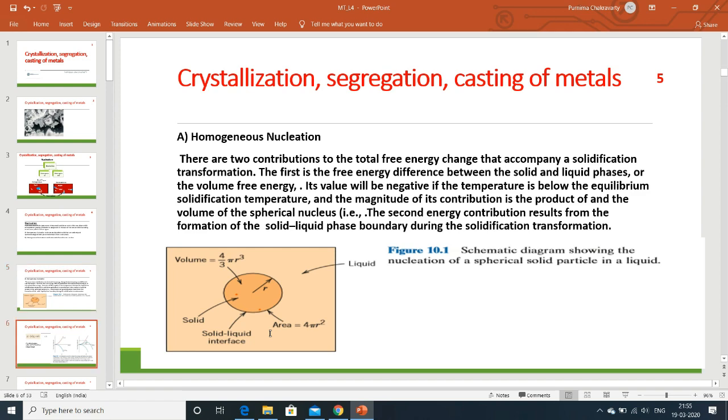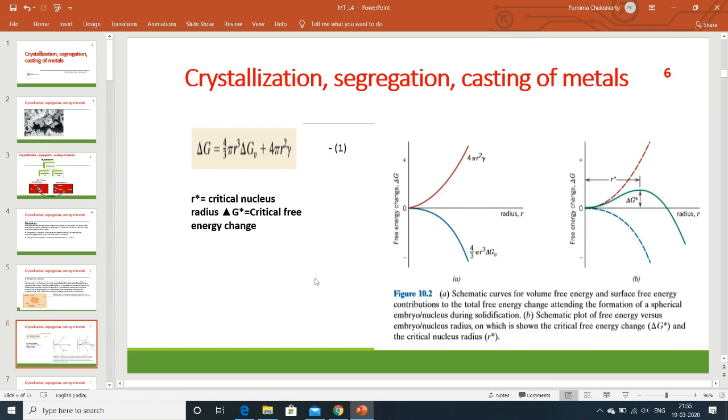So let's see what forces are in play when this nucleation starts happening. Here equation 1 is a sum of the volume free energy, which is the first term, and the surface free energy, which is the second term.